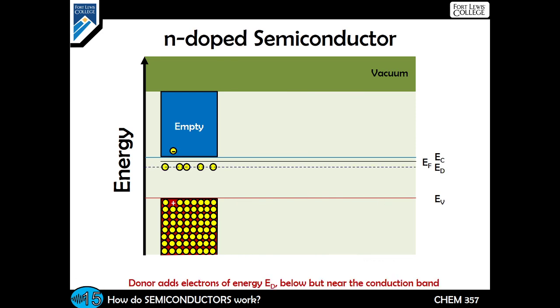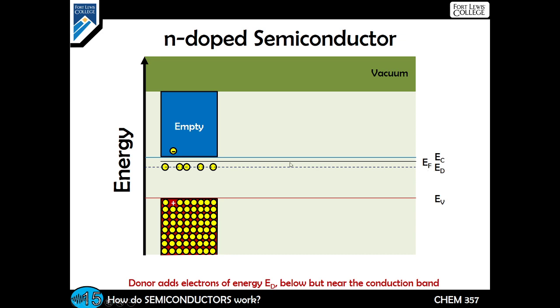However, if you dope your semiconductor, you can change the relative proportion of holes and electrons and change where that Fermi level is. So an n-doped semiconductor adds more electrons to the semiconductor. And so that is often signified by some additional energy level here.